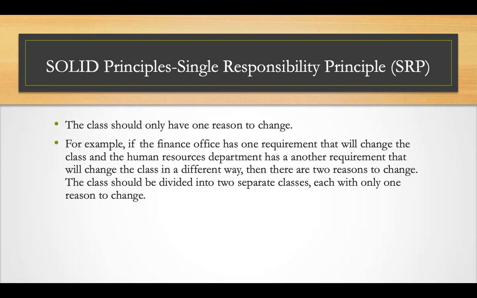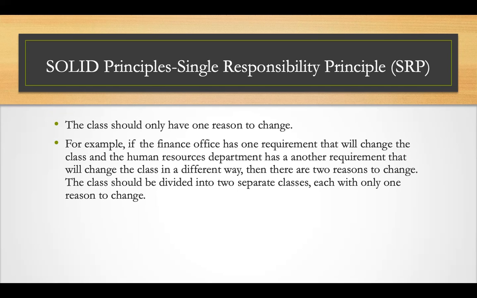Suppose there's a class, and a new requirement in the finance office changes this class in a certain way, but a new requirement in the human resource department also changes this class in a different way. So in this case, this class gets changed because of changes in two different departments. So there are two different reasons for the class to change.